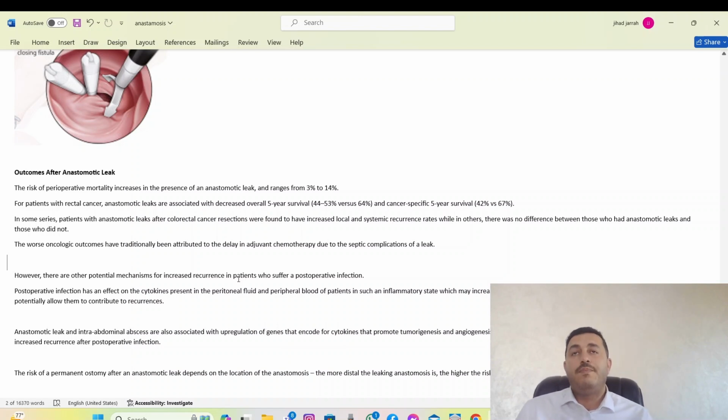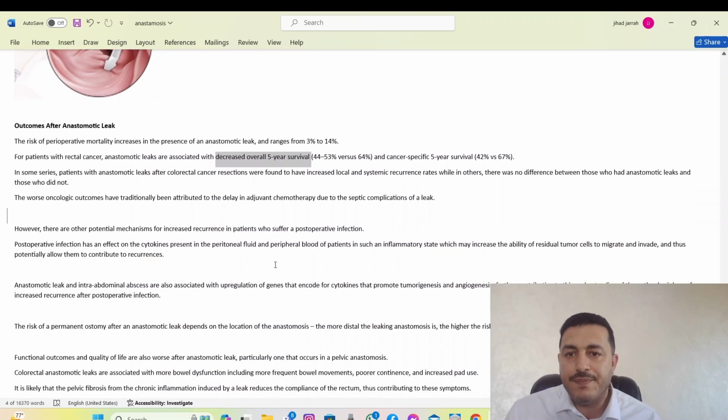We have a big problem: rectal anastomotic leak, especially if we are doing the surgery for cancer, is associated with decreased overall 5-year survival. So anastomotic leak in the rectum is associated with decreased overall 5-year survival.